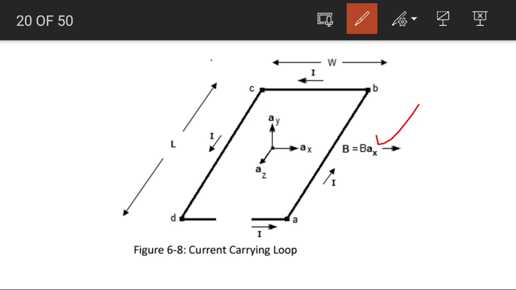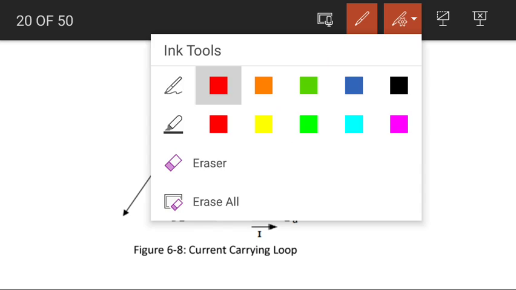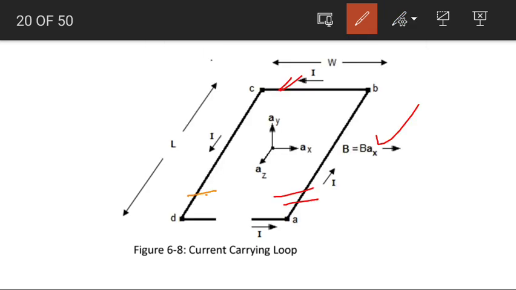There will be a force on this loop, and we are going to calculate the force on this current carrying loop. In order to find out the total force on this loop, we will consider side AB of this conductor and calculate the force on side AB. We shall consider side BC and calculate the force on side BC. Then we will consider side CD and calculate the force on side CD.